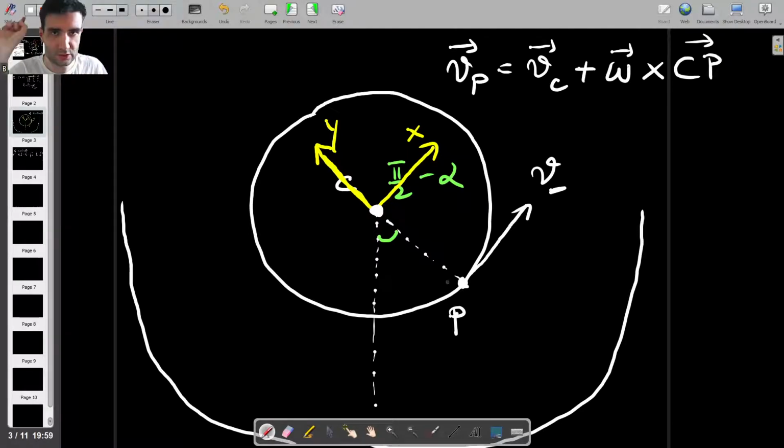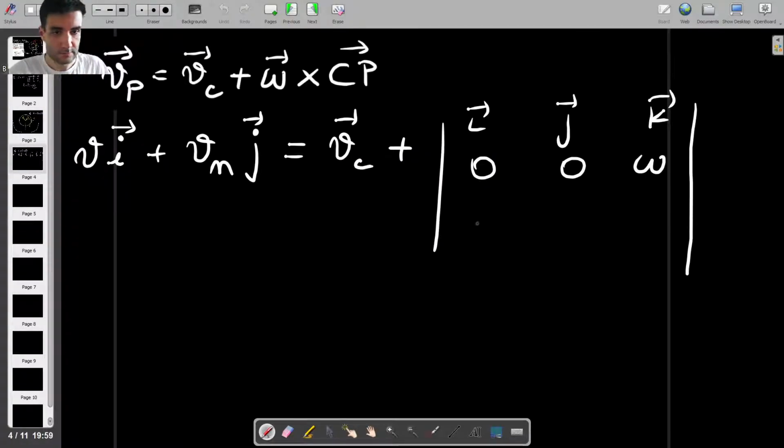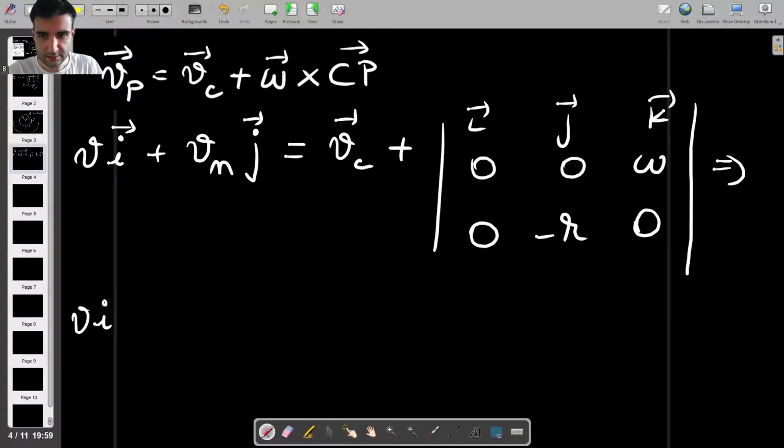It's the position vector that goes from C to P, and its value is equal to small r, and the sign is negative because it goes against our positive y direction, and then we have 0. Okay, so this gives us v times i plus the normal component times j. Now you'll notice that we don't actually need to calculate this, and you'll see that in a minute.